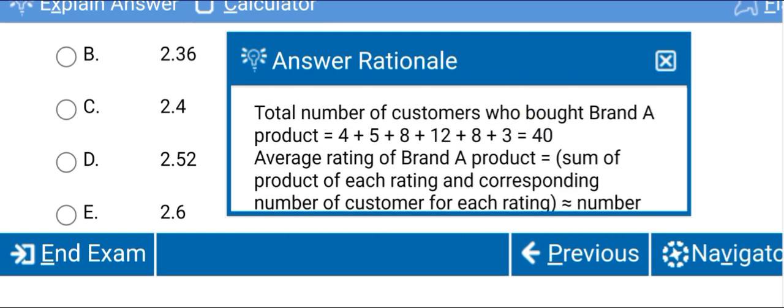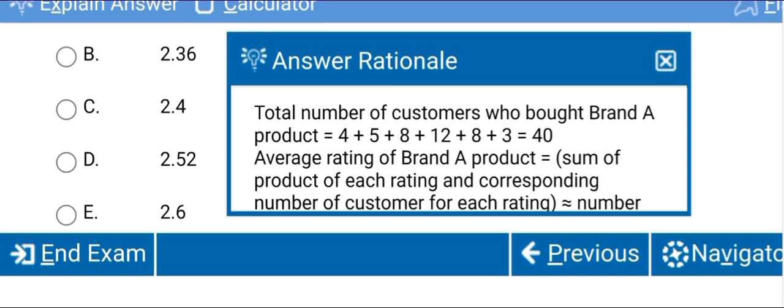As the total number of customers who bought brand A product equals 4 plus 5 plus 8 plus 12 plus 8 plus 3 equals 40.